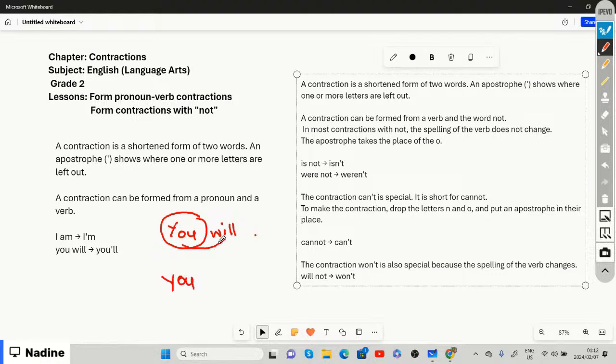But now we shorten the word will by leaving out the W and the I, and we put an apostrophe in its place and bring down the L's. So now we have the word you'll, which stands for you will.